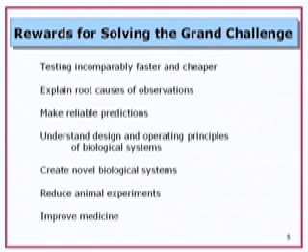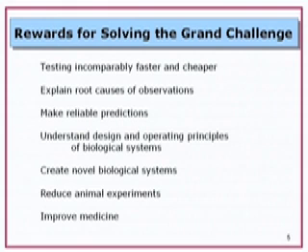So why do we want to do that? What are the rewards for solving these grand challenges? Well, of course, the testing would be incomparably faster and cheaper. We can explain root causes of observations. So if you see phenomenologically that you have some problem at the end of the system, you can go back and find out where exactly this problem comes from, or what combinations of problems have led ultimately to the observation we make.